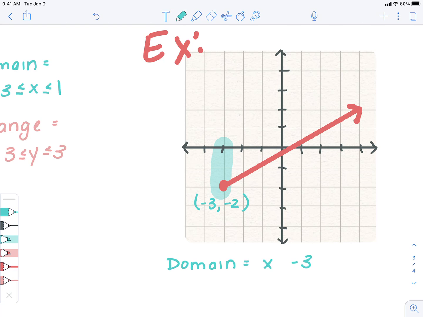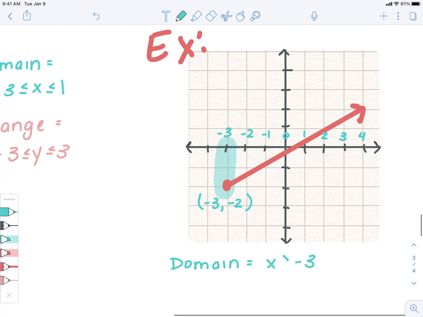And are they bigger than -3, or are they smaller than -3? This is going to be -3, -2, -1, 0, 1, 2, 3, 4, and it's going to keep going and getting bigger and bigger as it goes to the right. So my x values are going to be bigger than or equal to -3. If my graph was pointing to the left, then my x values would be less than -3.